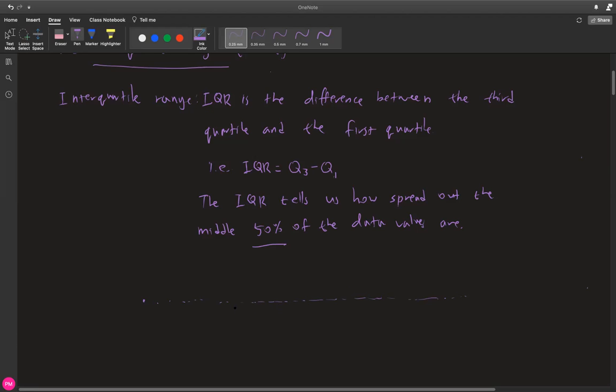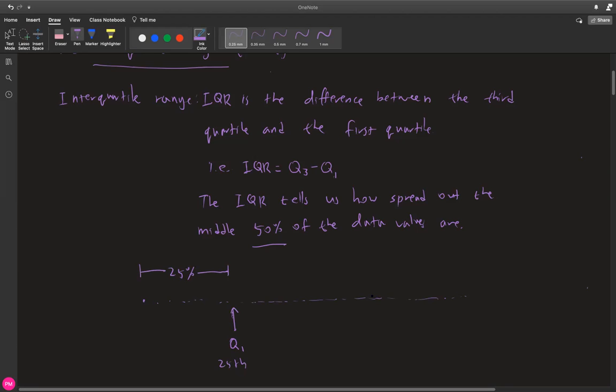And let's say this is the first quartile. Since this is the 25th percentile, this means that 25% of the entire data lies before the first quartile.